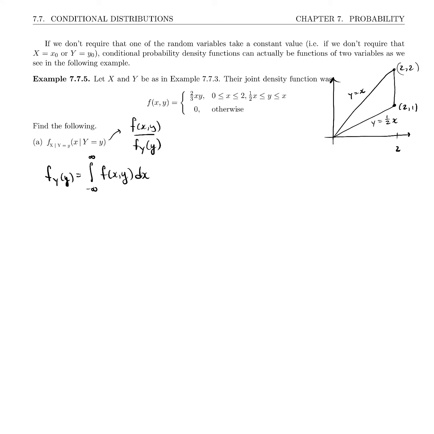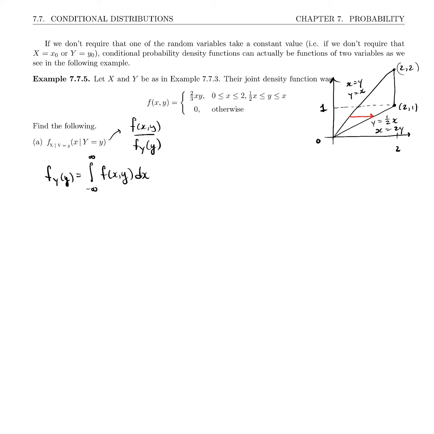So we're integrating out the x. That means we want to re-express this region with constant bounds in terms of y and variable bounds in terms of x. And that is going to present a little bit of a challenge to us here because those bounds change. So for example, if we were to draw a little division line here, well, from 0 to 1 on the y-axis, x goes from the first line, which is the line x = y, to the second line, which is the line x = 2y.